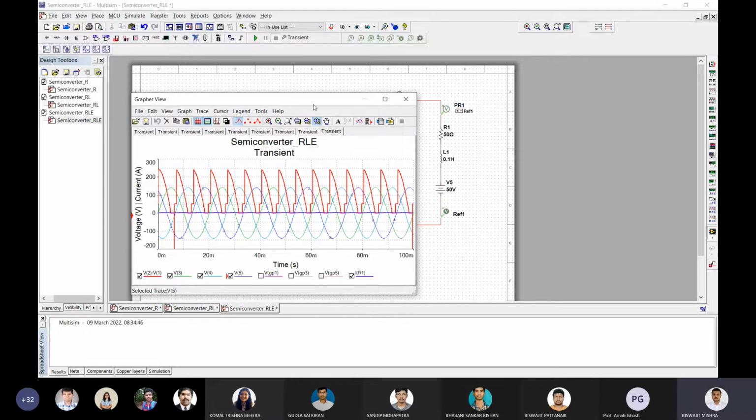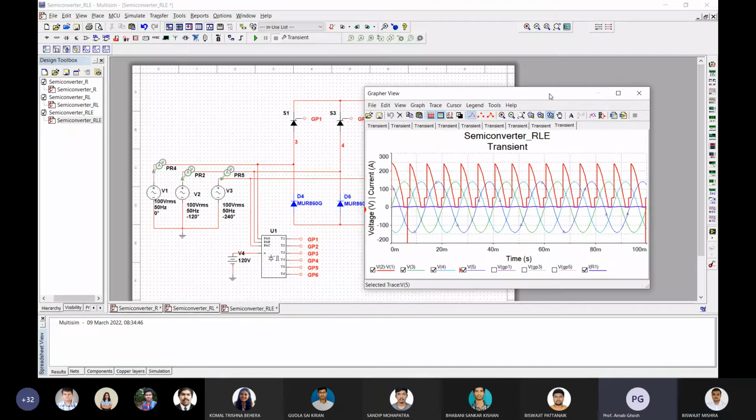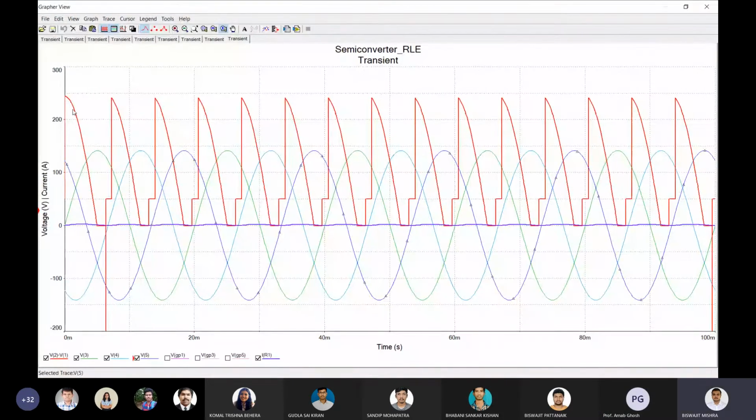This is for alpha equals to 120 degree. When alpha equals 120 degree, the voltage decreases. For a certain period of time, one thyristor is conducting, and after that it is decreasing till the next thyristor is conducting.